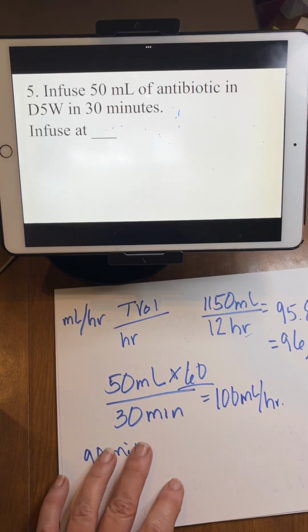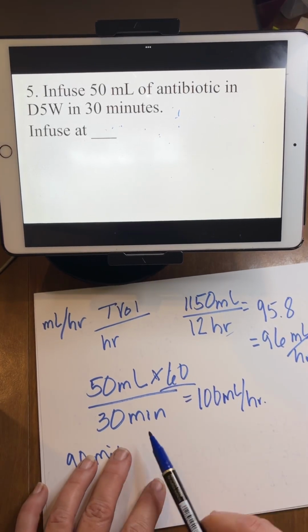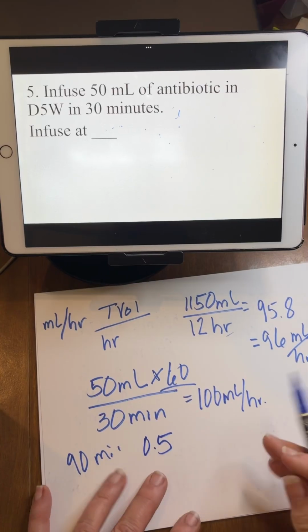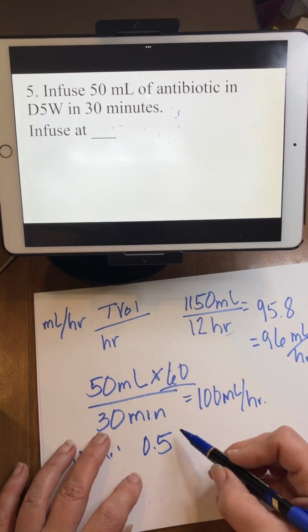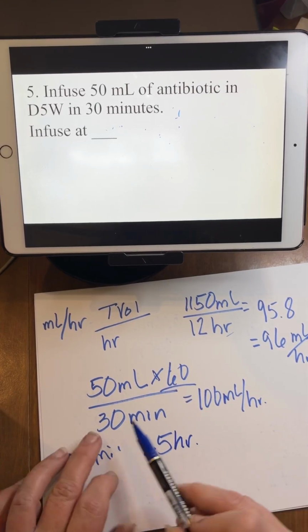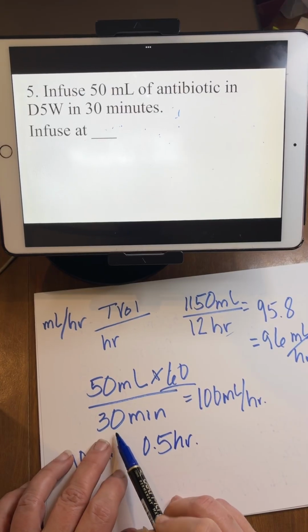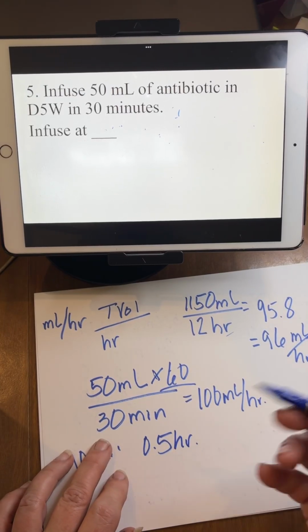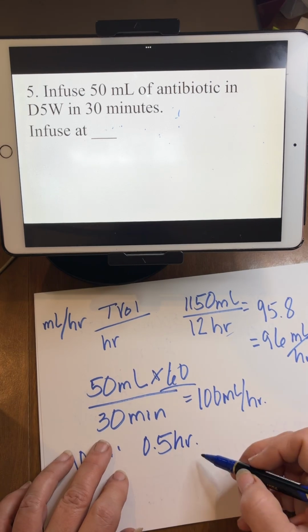Now, I have people on TikTok that'll say, well, you could use 0.5 of an hour, and that's true. That is 30 minutes. My problem comes in when this number is 40 or 15 or 12.